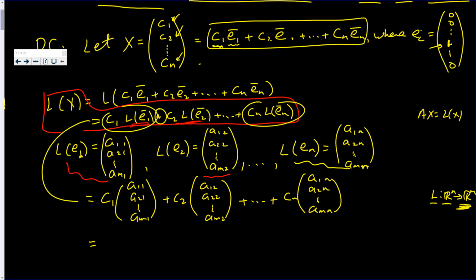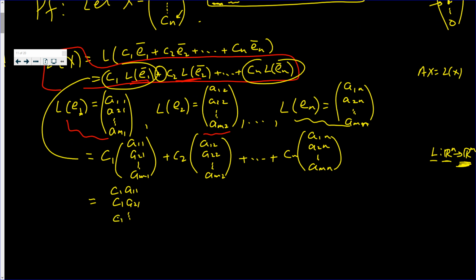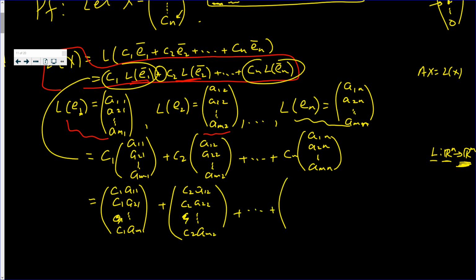And maybe we'll multiply this. So we get C1 A11, C1 A21, down to C1 AM1, plus C2 times A12, C2 A22, down to C2 AM2, plus all the way down to Cn A1n, Cn A2n, down to Cn AMN.